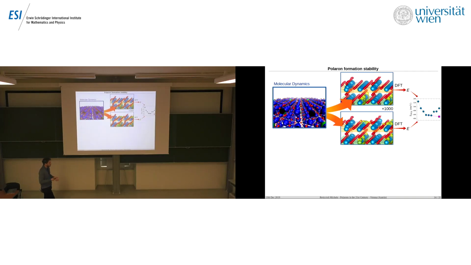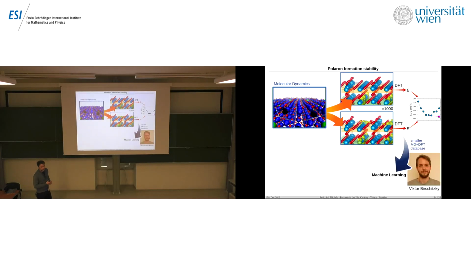What we are trying to do now is to obtain this graph with much less effort, via a machine learning approach. There is a master student in our group, Viktor Bishiski, who is working on that.